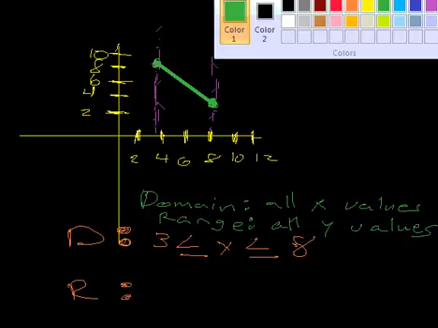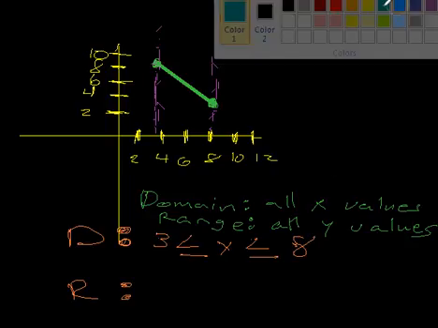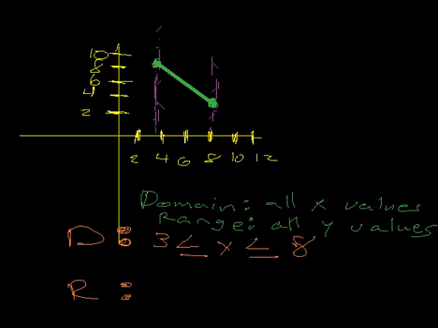So now, let's use blue this time. For my y values for my range, I'm going to go up to 2, and I'm going to say, if I ran my pencil across the 2 value of y, no, 2 is not a y value. So let's move up to positive 3. Positive 3, a y value.